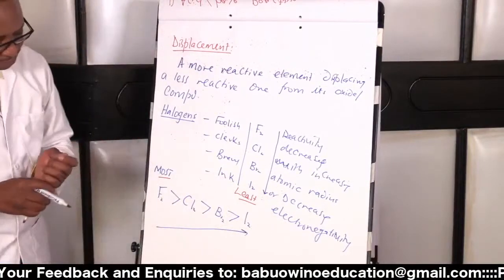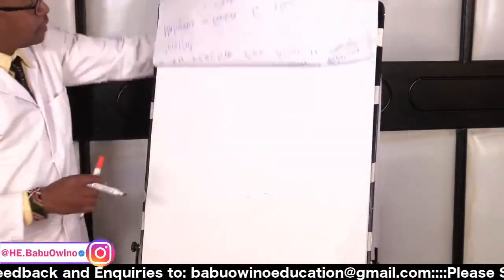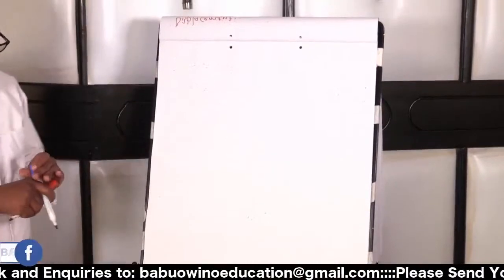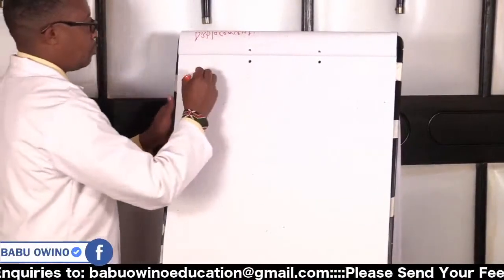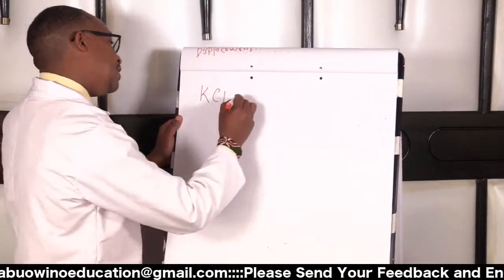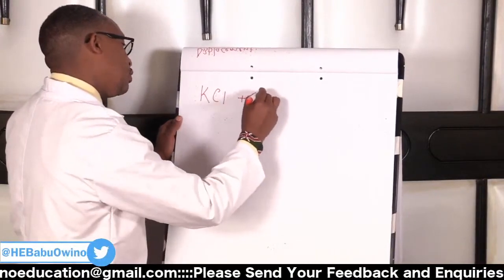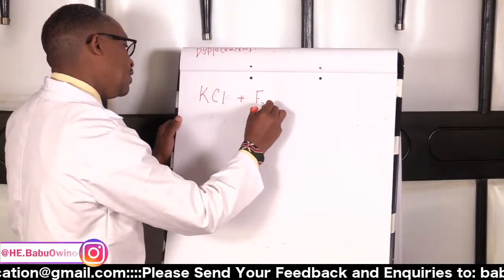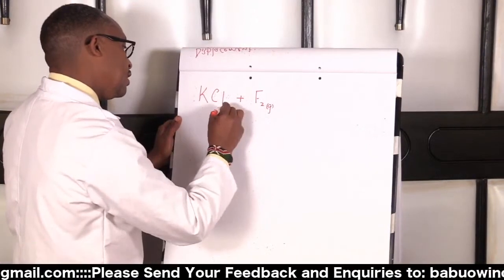So when we have a compound of, say, potassium chloride, and this is combining with fluorine. This is a gas, and this is aqueous.